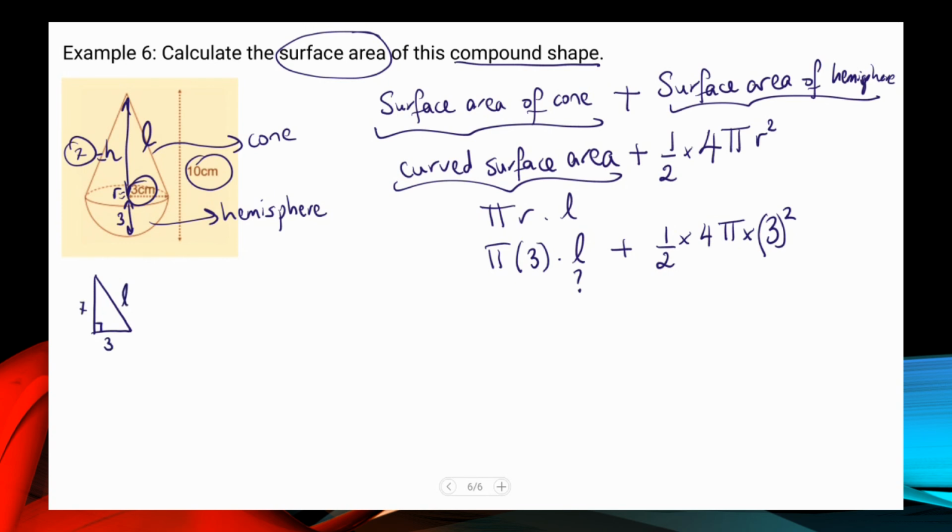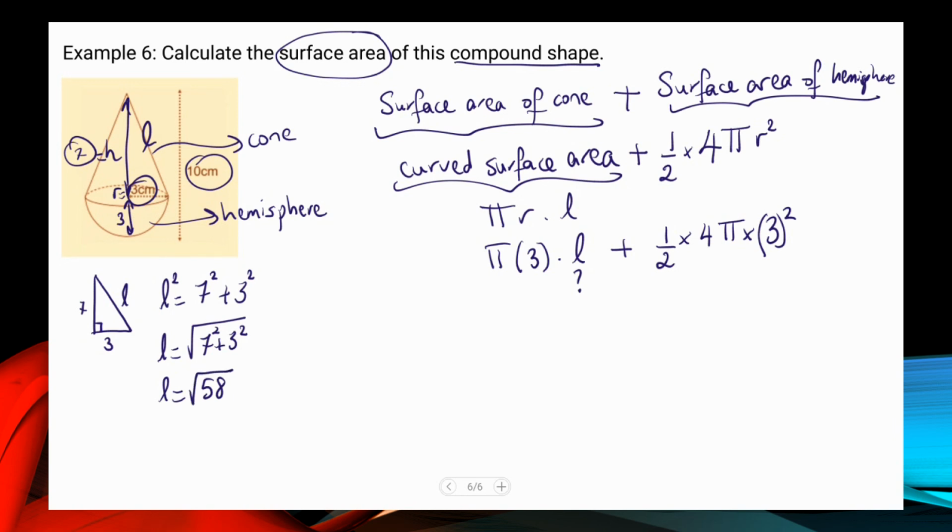We need to calculate it from Pythagoras' theorem. l is the hypotenuse, so the square of l will be equal to 7² plus 3², and you're going to take the square root of this calculation to get the value of l. Then you will reach 58 under the square root sign.